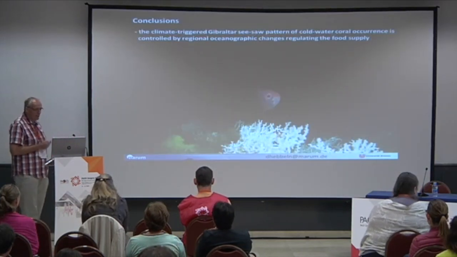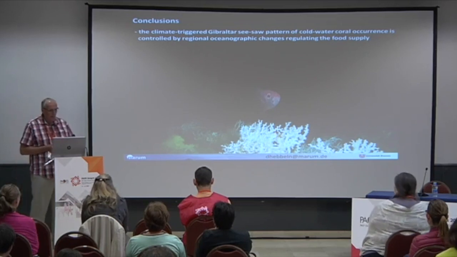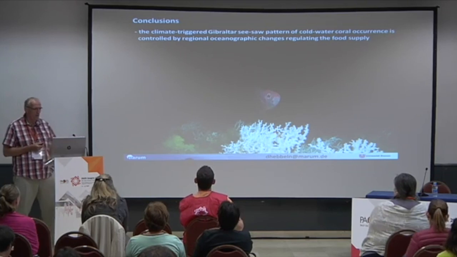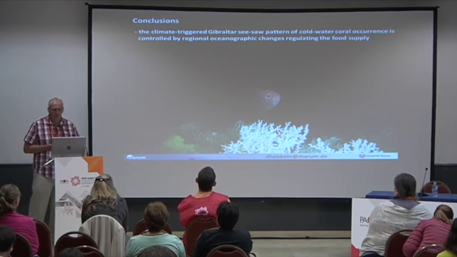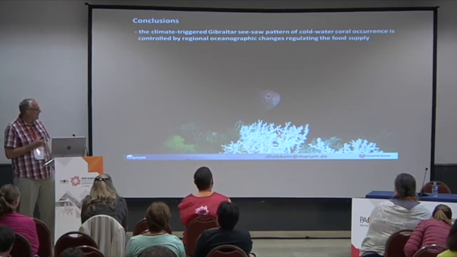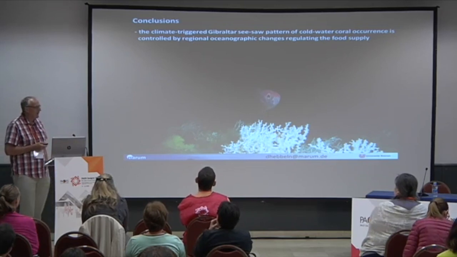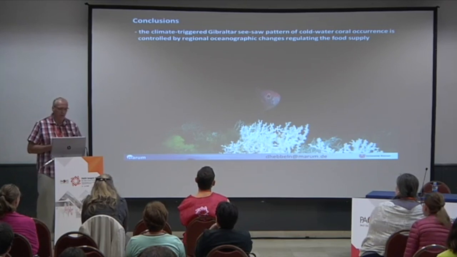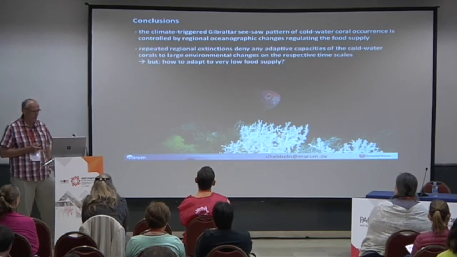Putting that all together, we see that there is this seesaw pattern in the occurrence of cold water corals across the Strait of Gibraltar. And from what we know from our paleostratigraphic record, it seems it's controlled by regional oceanographic changes, in the end controlling the food supply to the cold water corals.